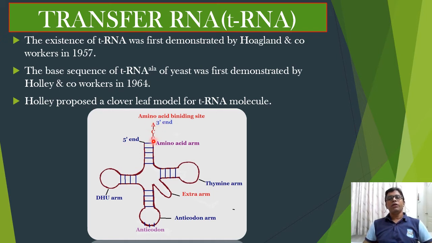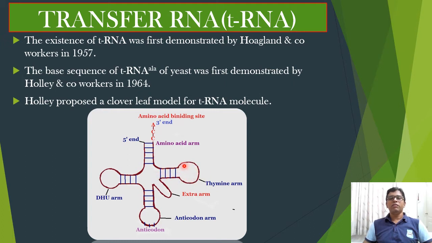Near the amino acid arm, or near the 3' end, a major arm is present, that is the thymine arm or T-Psi-C arm. It has one stem and one loop.